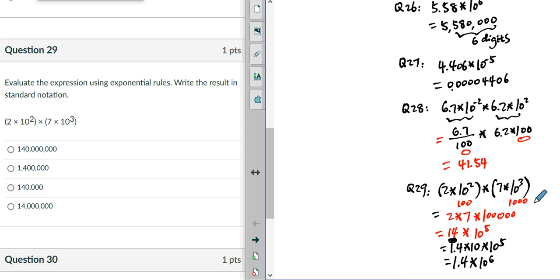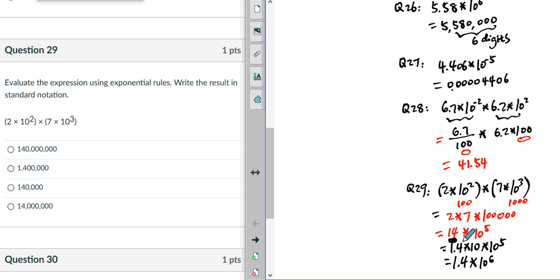Because this number 1000, if it were times 10, you add 1 zero. Times 100, you add 2 zeros. And we have 5 zeros behind 1, so we do 10 to the fifth. 2 times 7 is 14, but this is not scientific notation. For scientific notation, it has to be no zero digit before the decimal point.